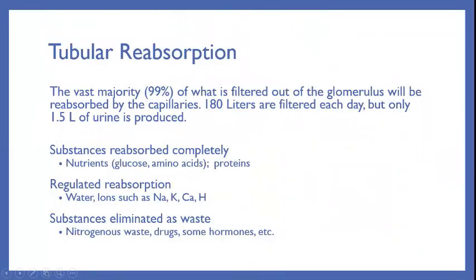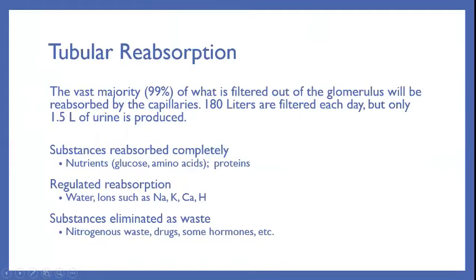The vast majority, 99%, of what is filtered out of the glomerulus will be reabsorbed by the capillaries. 180 liters are filtered out each day, but only 1.5 liters of urine are produced. Substances that are reabsorbed completely include nutrients like glucose and amino acids and those small proteins.